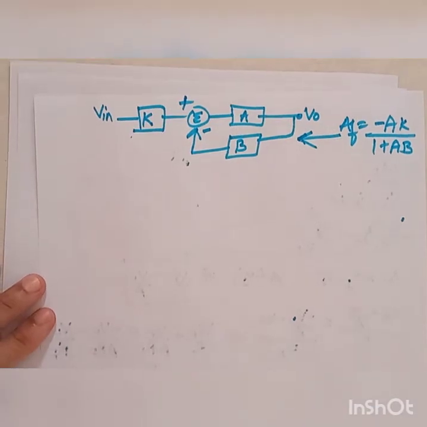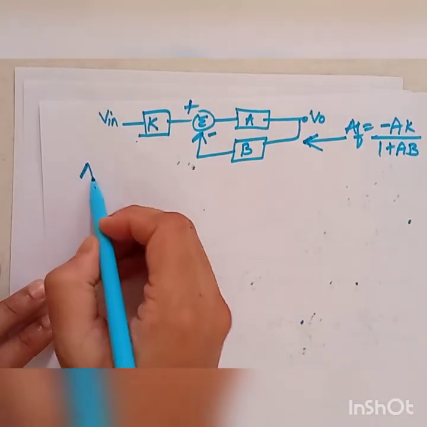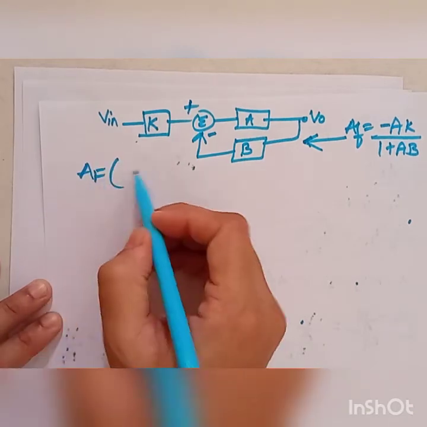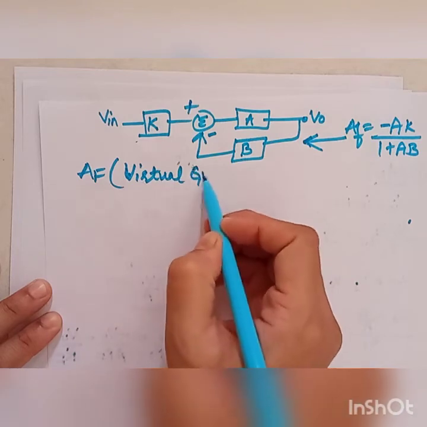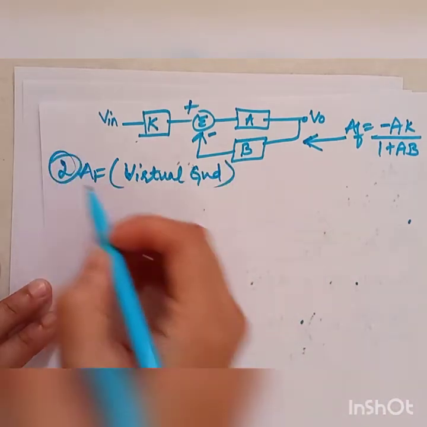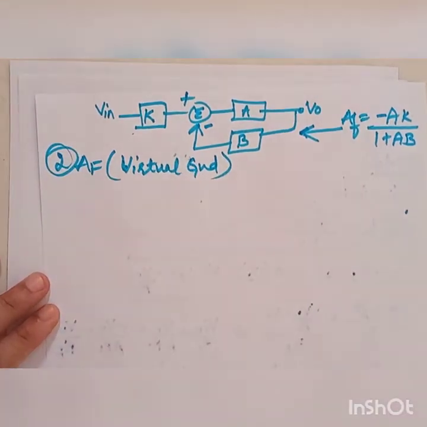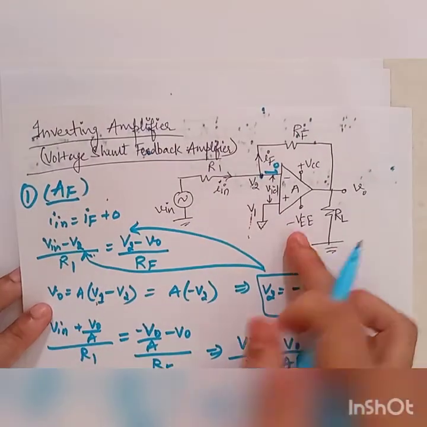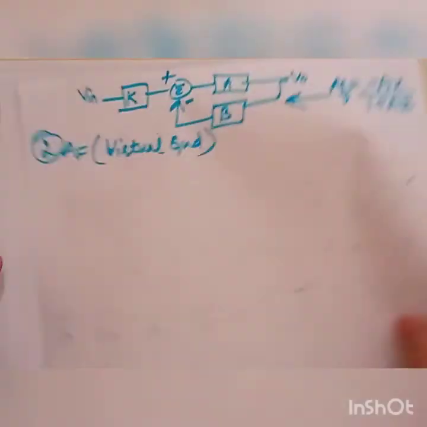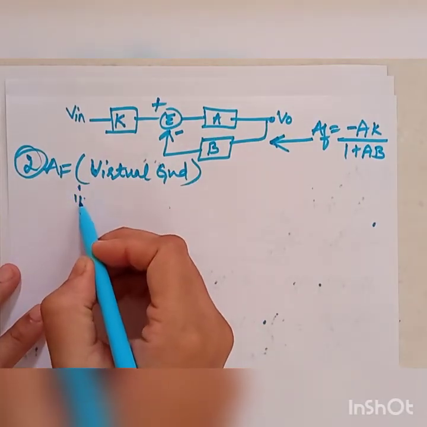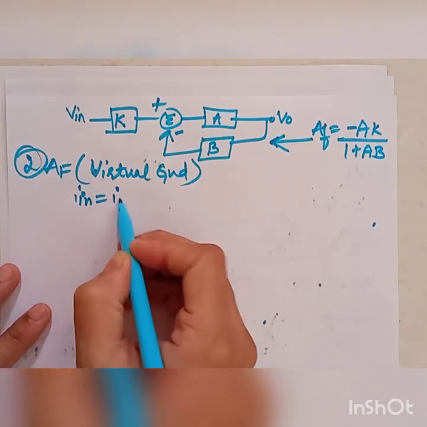Now there is one more way of deriving the value of AF using the virtual ground concept. So this is the second method of AF derivation. Again, if I go back to the diagram and apply KCL, I will write I in is equal to IF.